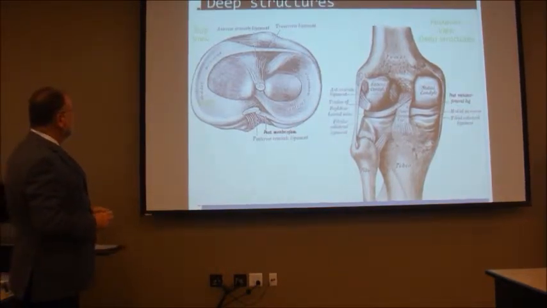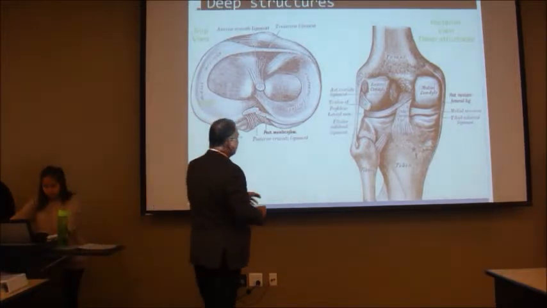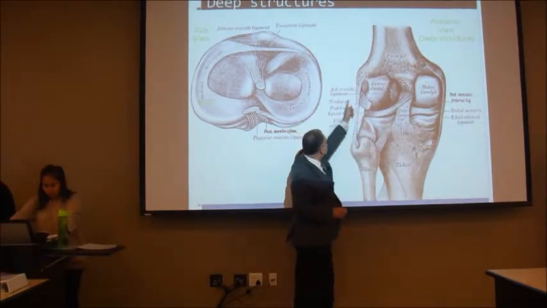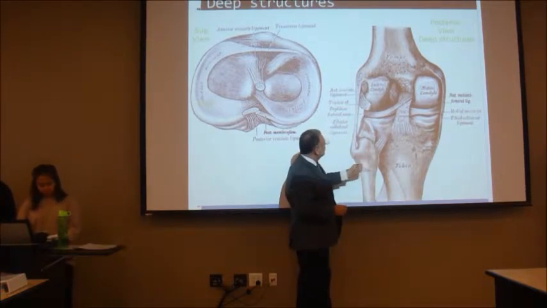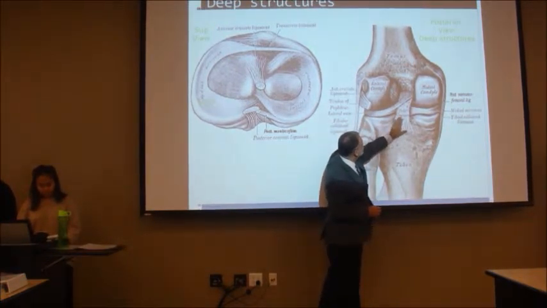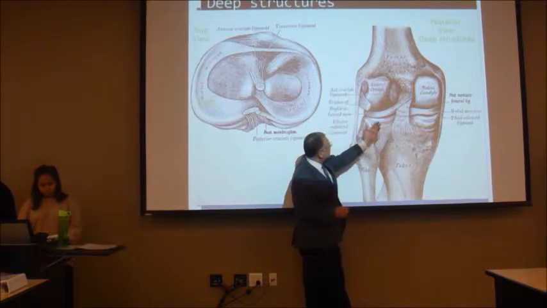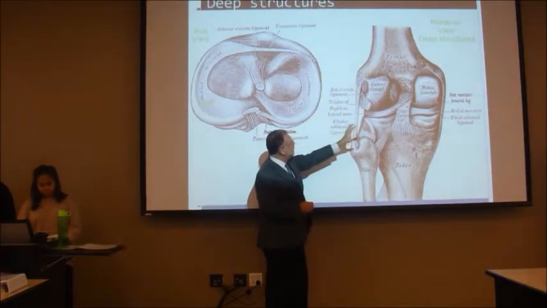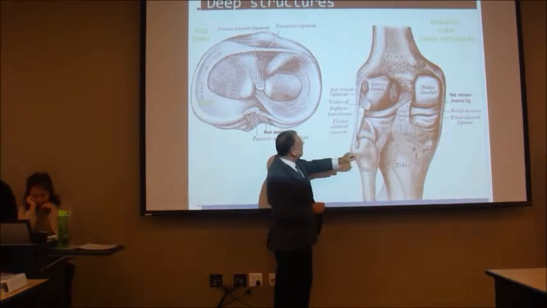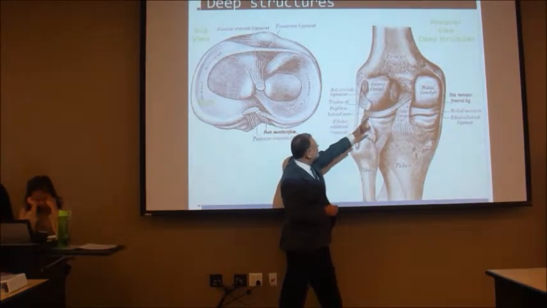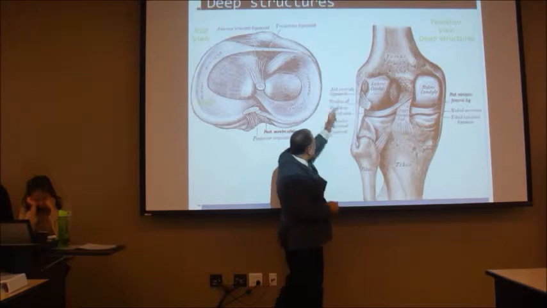So here the important thing is, remember I said on the lateral side, the fibula, that's where the tendon of the popliteus muscle, you're going to be able to see it. You're going to have the posterior cruciate ligament that is extra articular in the most posterior aspect, and the anterior cruciate ligament goes from medial to lateral.